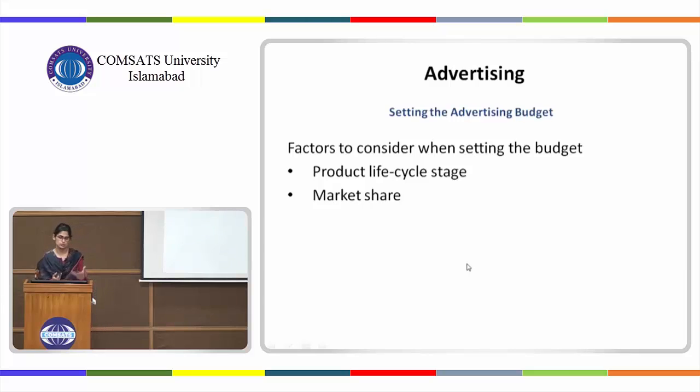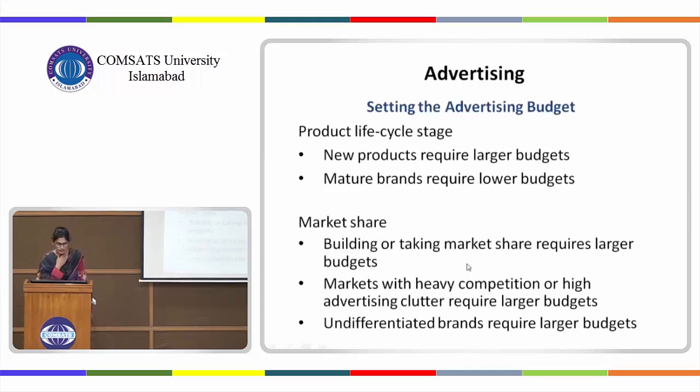But what factors would affect your budget? There are 2 main factors that would affect your budget. The first one is product life cycle stage, and the second one is called the market share. Let's talk about product life cycle stage. Now, when products are newly introduced into the market, right, the introduction phase and the growth phase, that is when the product is relatively new into the market.